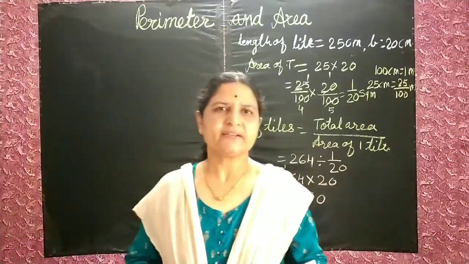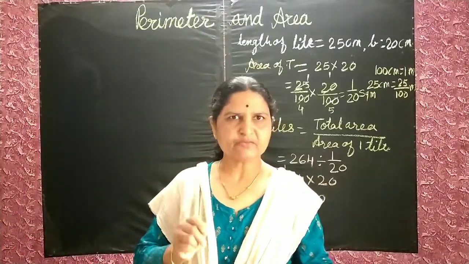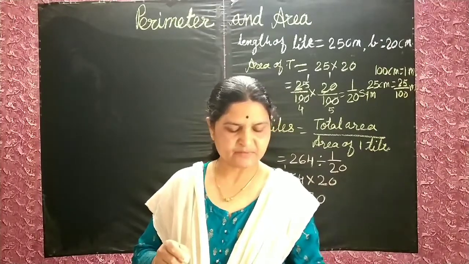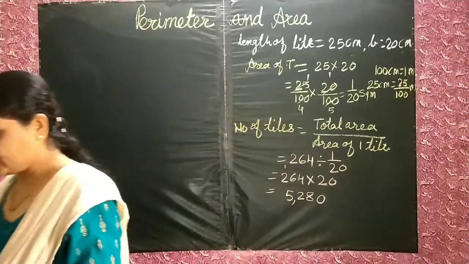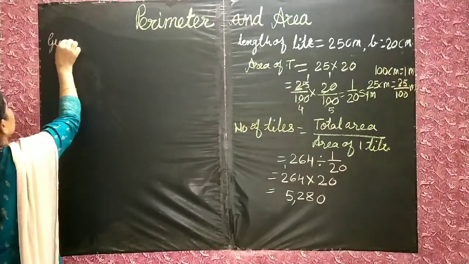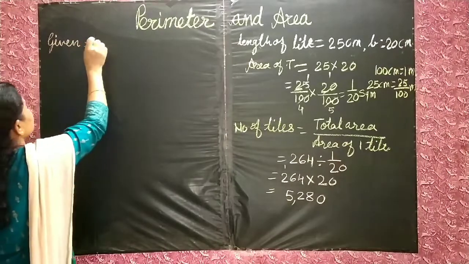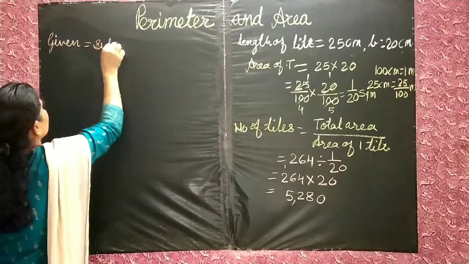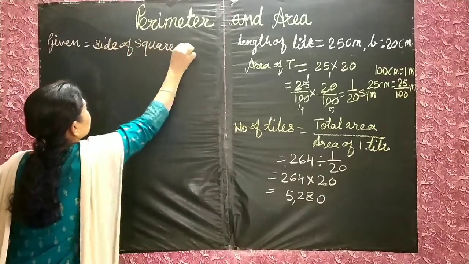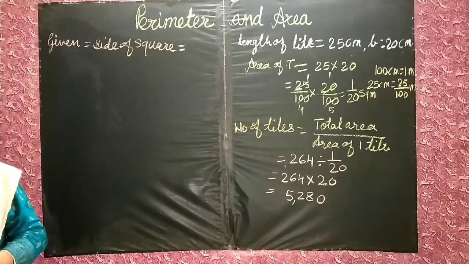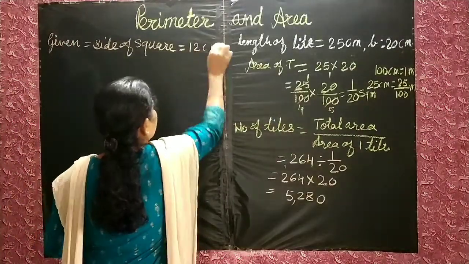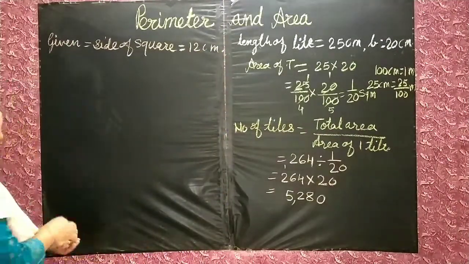We'll see practice set number 45. In that first example, if the side of a square is 12 cm, find its area. Now here what is given? We'll write first the given: side of a square is given. It is how much? 12 cm. And find its area. We know the formula.